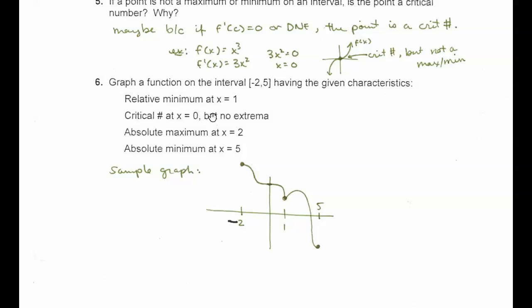Now, again, your characteristics could be a little different than mine. Maybe your absolute max is at a little higher point. Maybe it's at a little lower point. Maybe you don't have a sharp cusp. Maybe you have a corner, or maybe you have a vertical tangent. But you need to have at least one thing that's not differentiable.